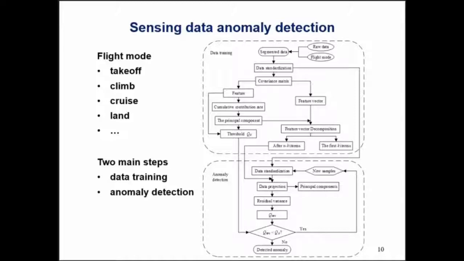Then we can carry out the two main steps for the sensing data anomaly detection. The specific steps in this figure give the main parameters we need to get.